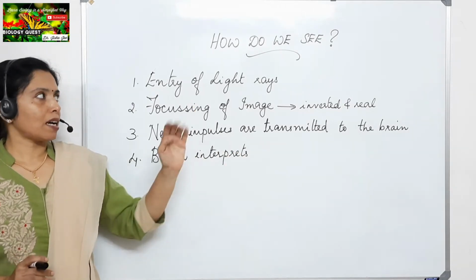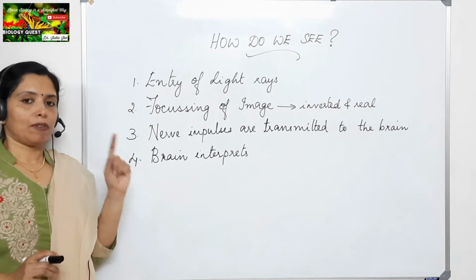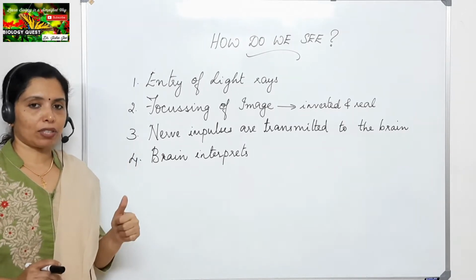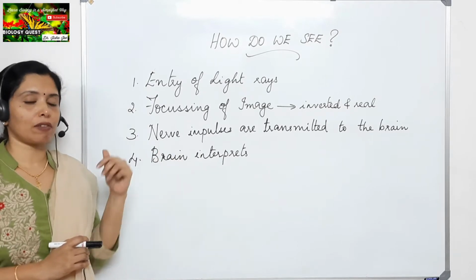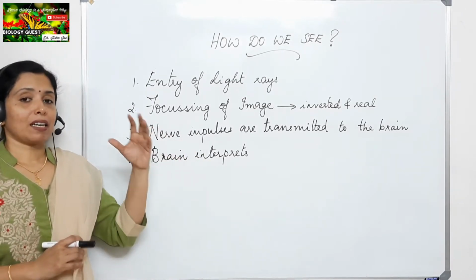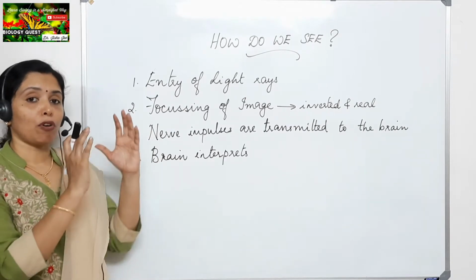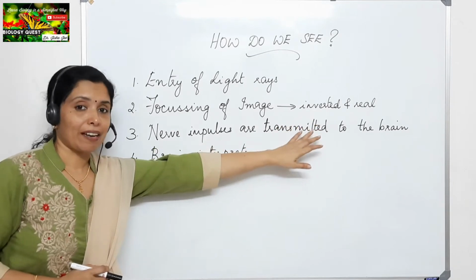Okay, so these are the four steps on how we are able to see an object. The first step is the entry of light rays. The light rays have to pass through the various transparent structures of the eye. Number two, focusing of the image. The light rays coming from the object fall on the retina and form an image which is inverted and real.